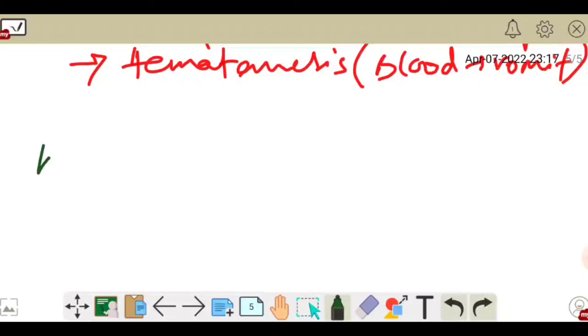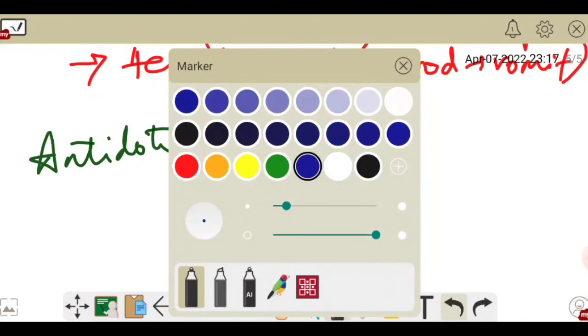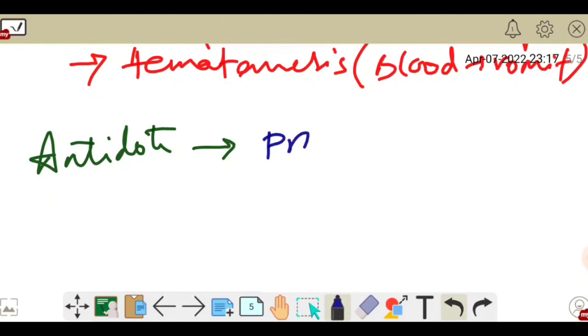So the antidote of heparin is known as protamine sulfate.